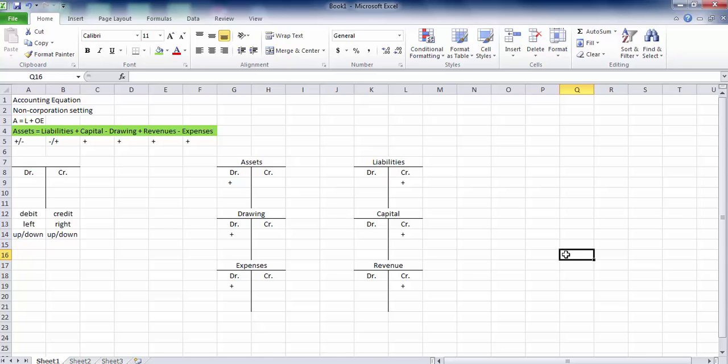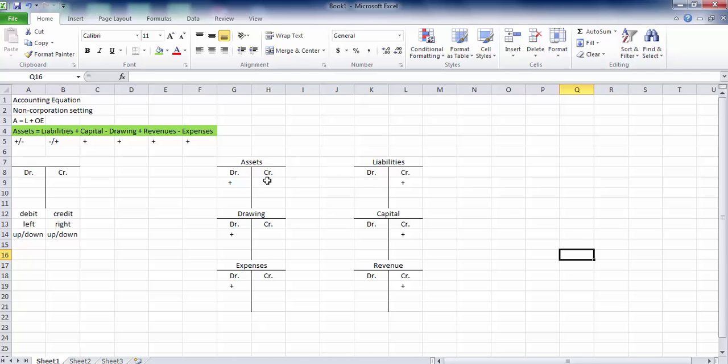But drawing and expenses are on the opposite side, but because they have a minus sign in front of them, they work the opposite of the right side. So we end up treating them the opposite of how we handled all the other ones on that side. So they end up debiting, drawing to make them go up, and expenses get debited to go up. So there's the accounting rules.